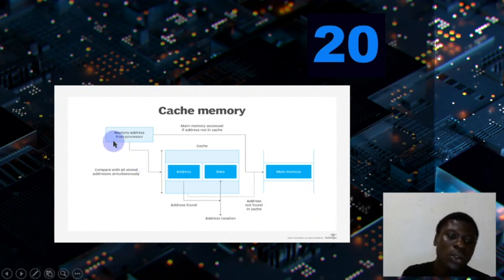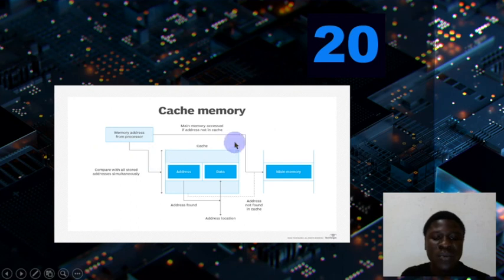So when the CPU wants to work on a file, it has to come to the cache memory to pick up the file, go back and process it. But in a case where it comes successfully and finds the file here, going back within the shortest possible time, working on it, processing the file or data, it's called a cache hit.